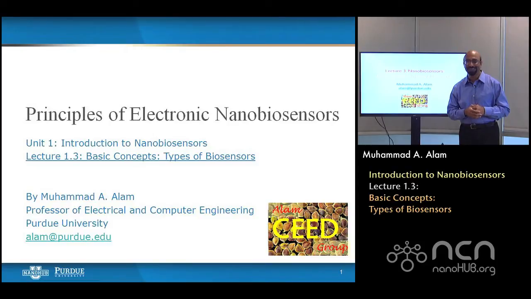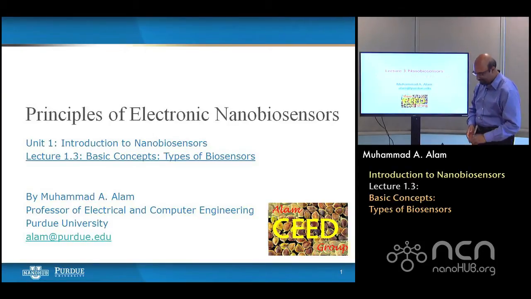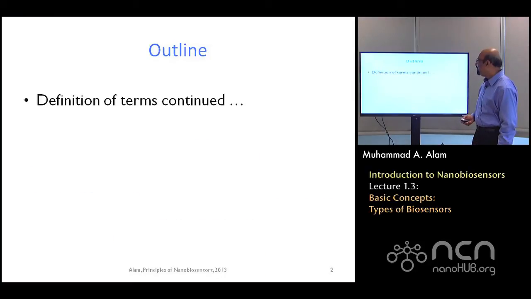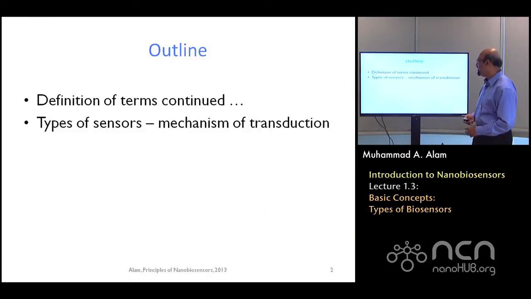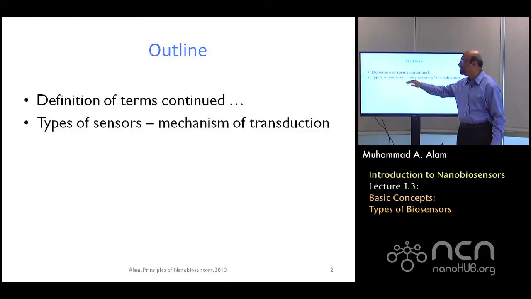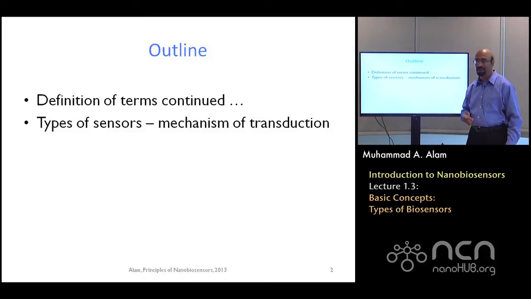Let's continue on this discussion, but this time bring in the sensors. So the outline would be that I'll now try to explain to you that once the biomolecules have landed on the sensor surface, how does the sensor respond?